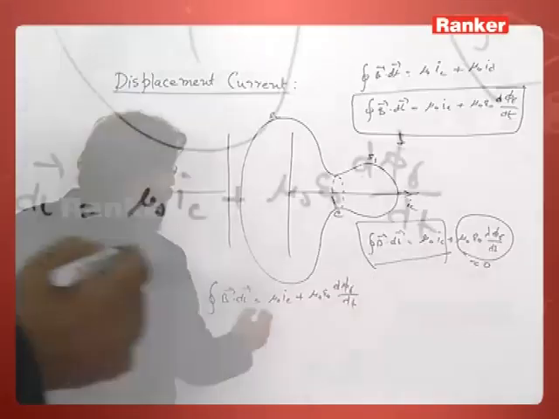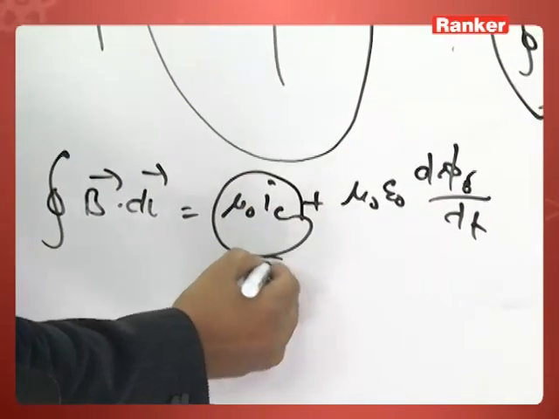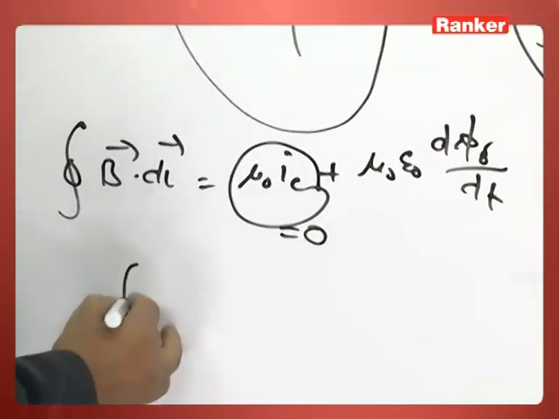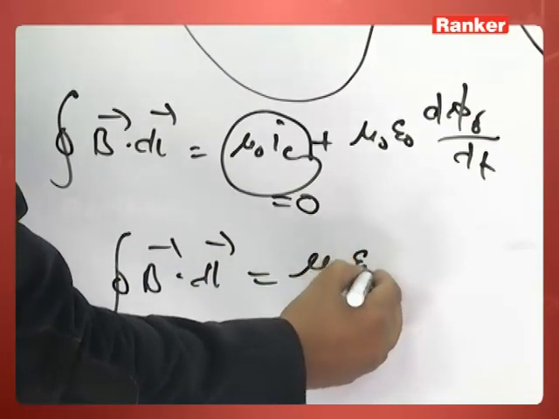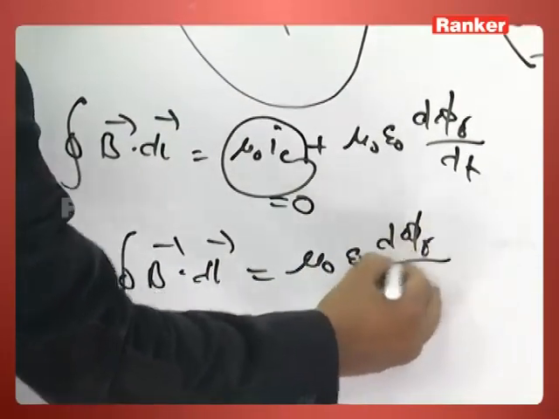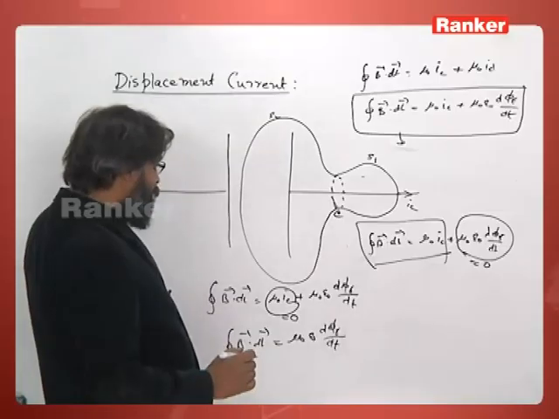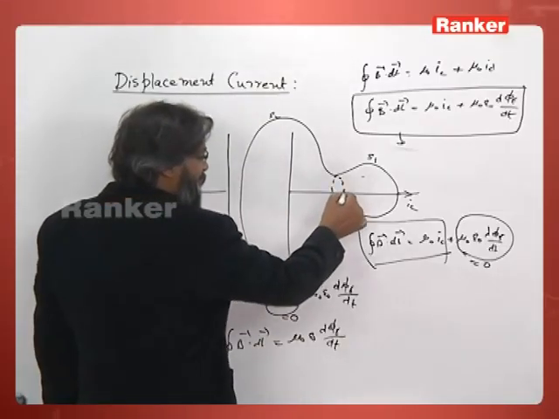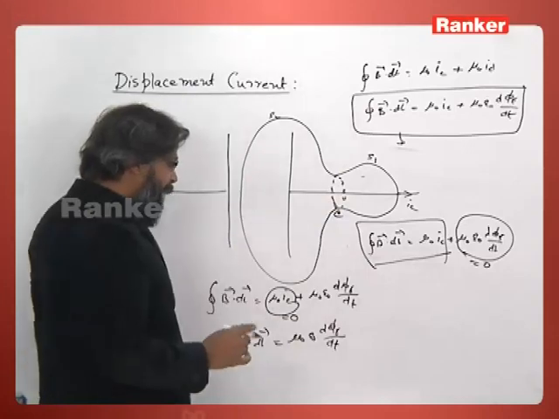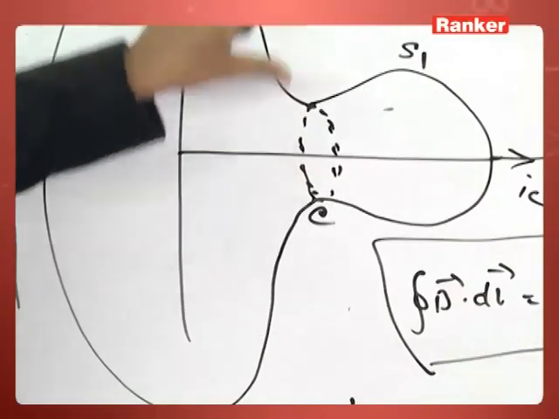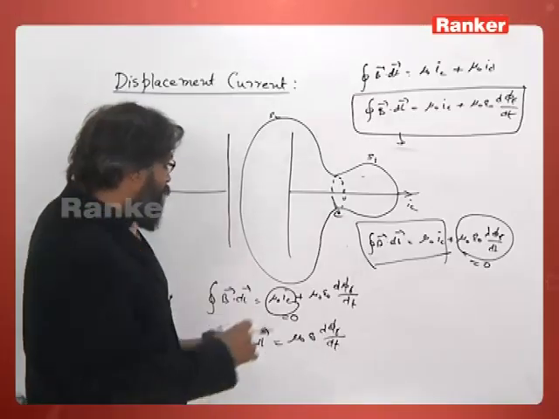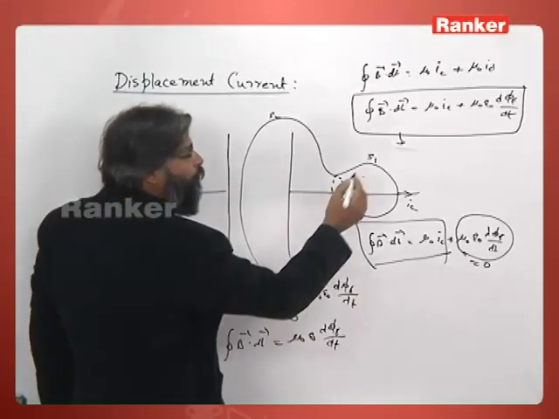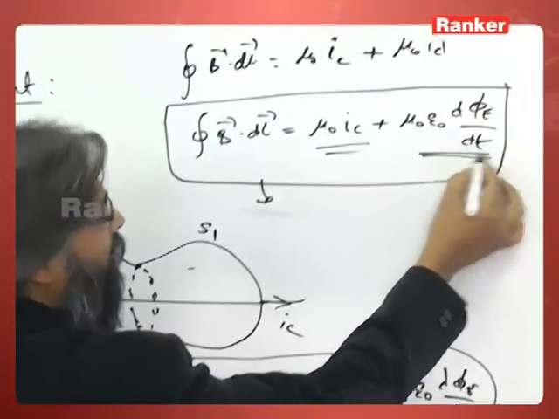For this S2 surface, I_C is 0, and so we will simply write B dot dl is equal to mu naught epsilon naught d phi E by dt. So the very idea that Ampere's law can be used also for time varying fields, we can use this idea provided we accommodate this term.